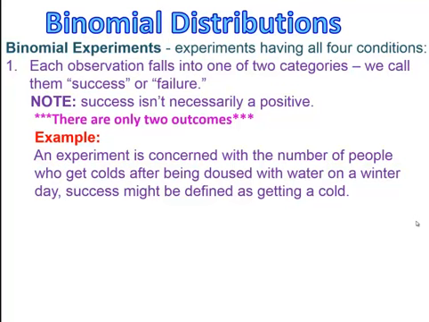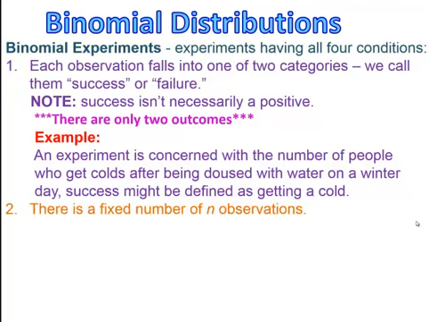Success might be defined as getting a cold. So it's not necessarily a positive, but we're looking to do an experiment to see if being doused with water would give us a cold. So in this binomial experiment, success would be they got a cold, and failure would be they didn't get a cold. So it's one of two possible outcomes.